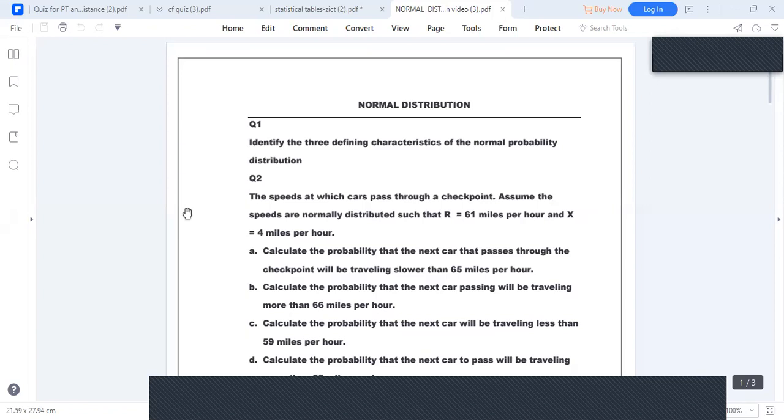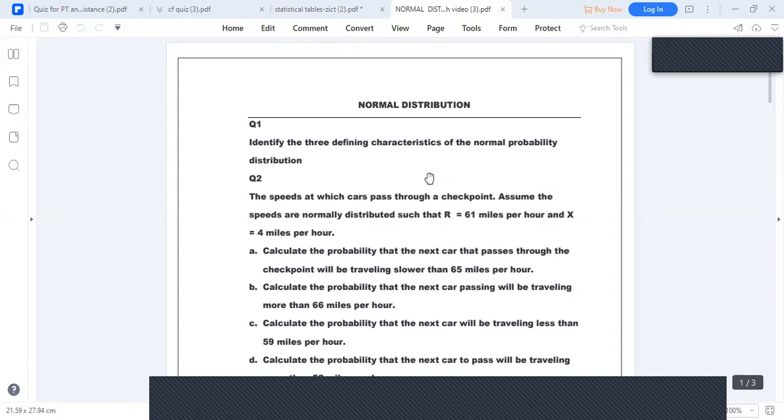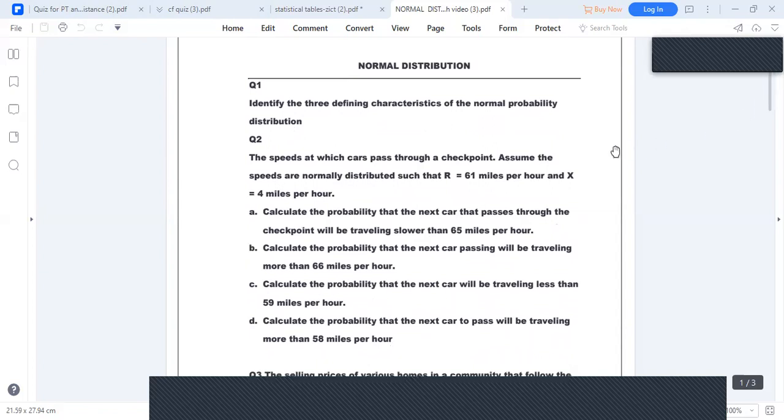Number 2. Symmetrical, yes. Number 3. Mean, mode, median are located at the center. Correct. Number 4. I don't know the word, I've forgotten it. Sorry. The tails don't touch the base, they're infinite.